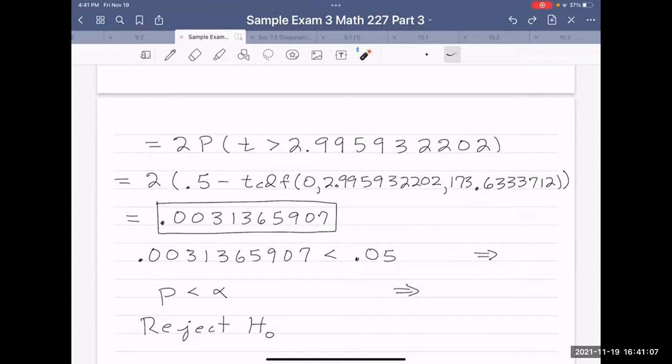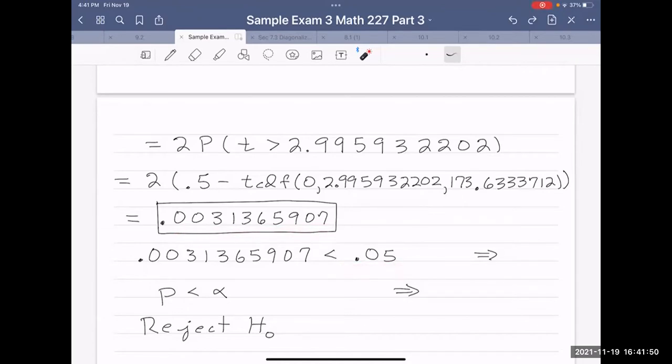So this will just be 2 times, and rather than going from 2.99 to infinity, I'll just do 0.5 minus the middle. So 0.5 minus TCDF. I'll start at 0 and end at 2.995932202, comma, my degree of freedom, 173.63333712. And so I get 0.003136597.